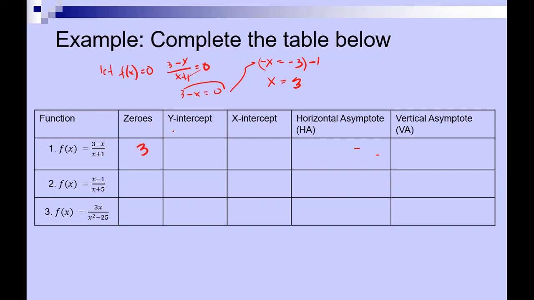For the y-intercept, sorry, let me go back. This one is directly the x-intercept: let f of x be equal to 0. That is the x-intercept, so here is our 3. And then for the y-intercept, let x be equal to 0.